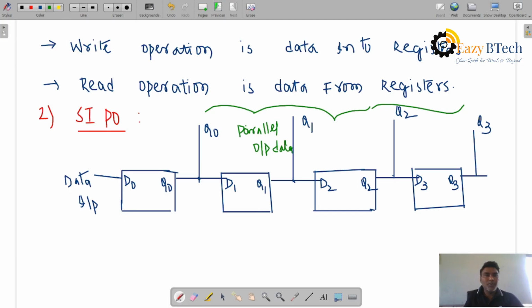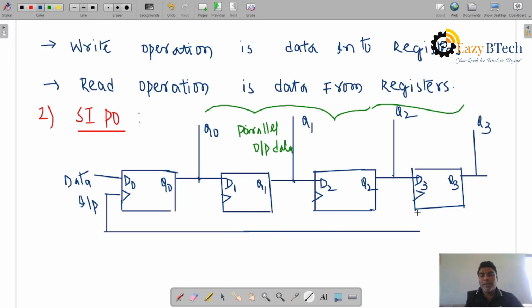So every clock pulse, we are taking the output data, right? Let us see this one. A clock pulse is applying. Every clock pulse we apply, the data will be taken, right? So this is serial in, parallel out.